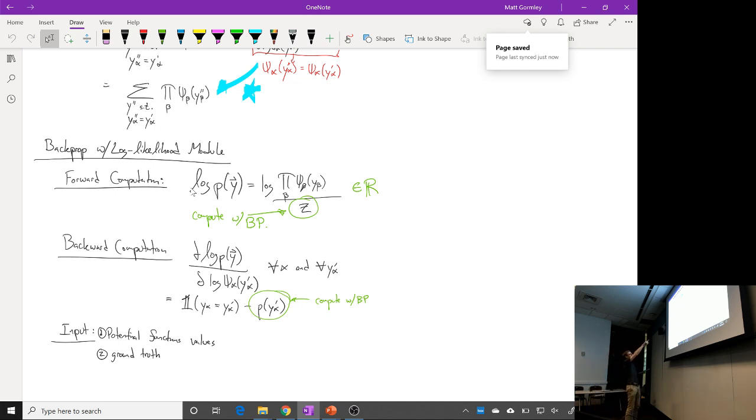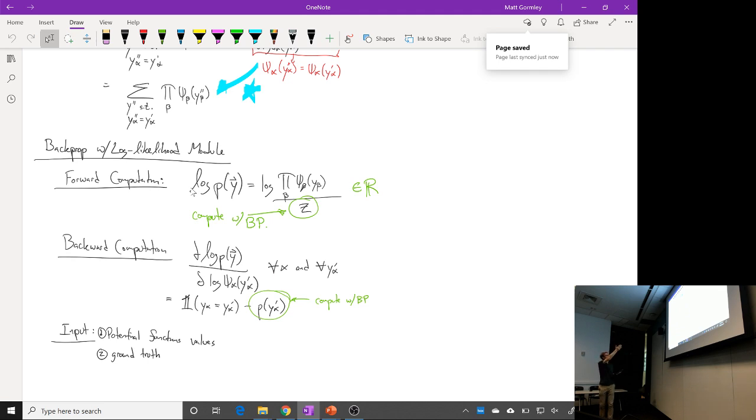So once you can compute the partition function or the log partition function, you can store that, and at the same time you will have just computed all of the marginals as well. So you should store those as well. Okay.